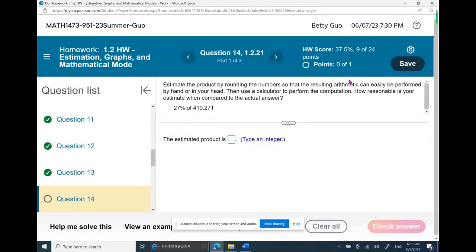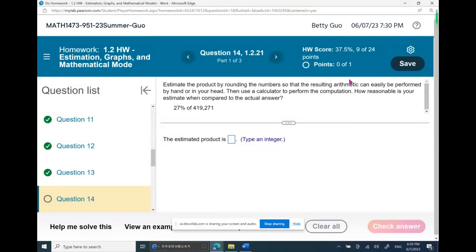You can use that. But what if I want to convert 27% to a decimal? How do you convert 27% to a decimal? What is the decimal equivalent? Divide by 100. So 0.27, right?